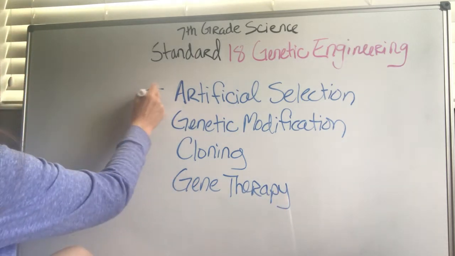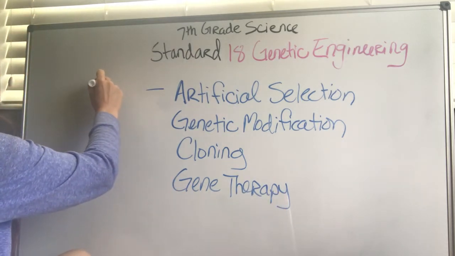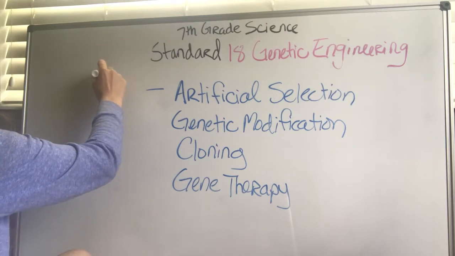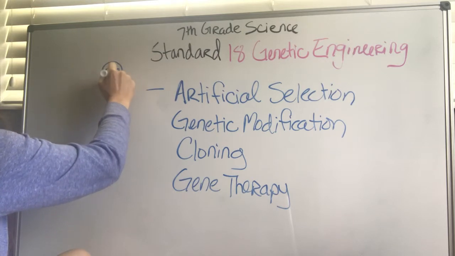Okay, so for artificial selection, you take 2 animals, and this is done a lot with dogs.